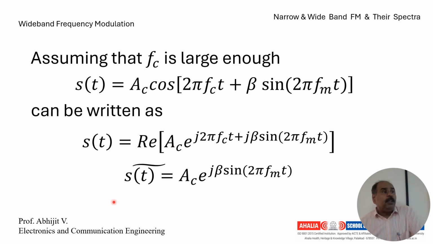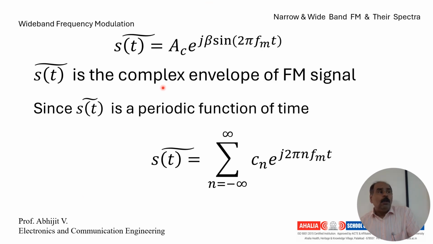So this particular S tilde of t is called the complex envelope of the frequency modulated signal. So S tilde of t, which is given, is the complex envelope of the FM signal.